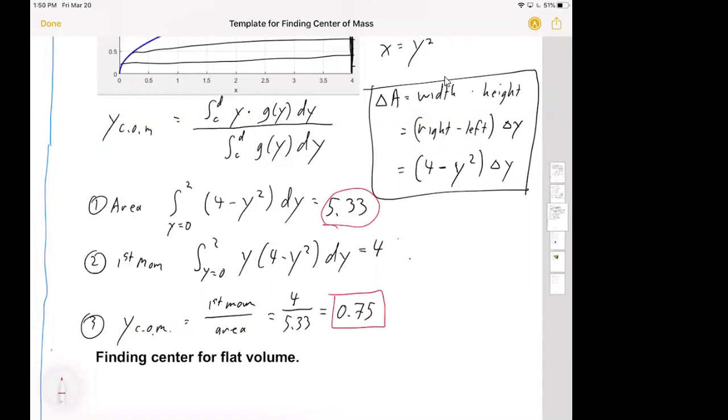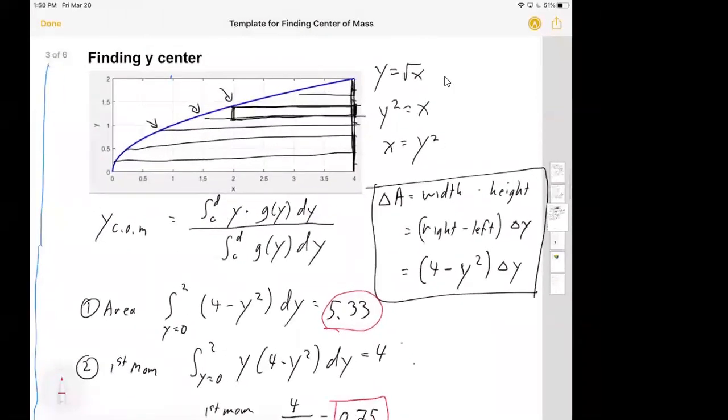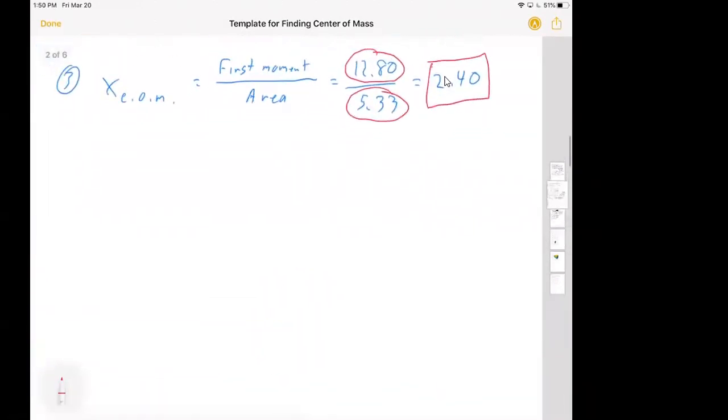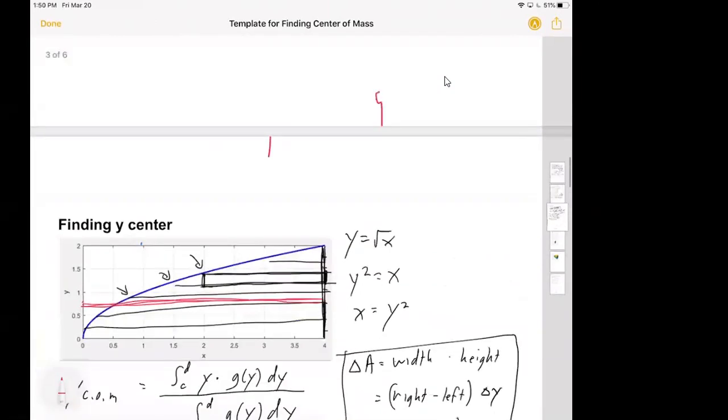So this is the y center of mass. So if we come back up to our picture, where is 0.75? It's right about here. So this is the balancing line, the horizontal balancing line. And if we combine that with our answer from before, for the x center of mass, which was 2.4, we could put in a line right about here.